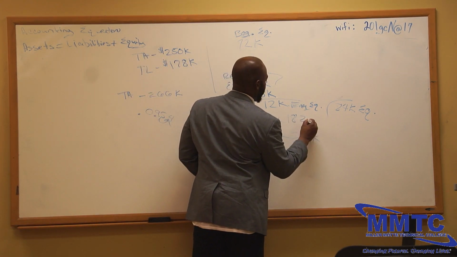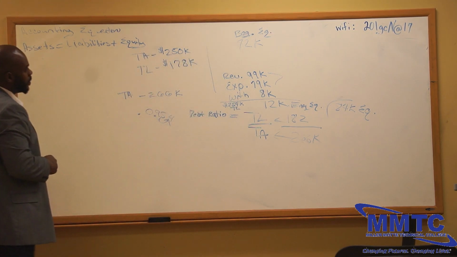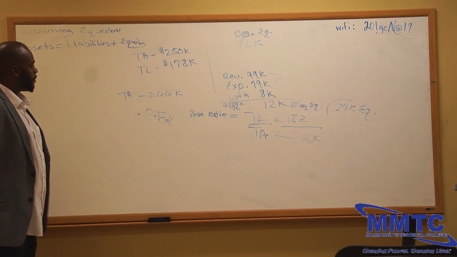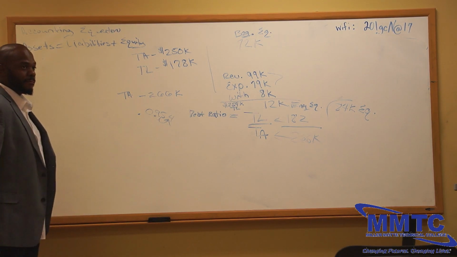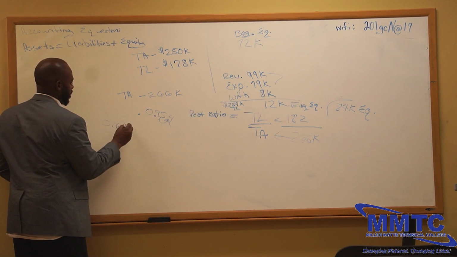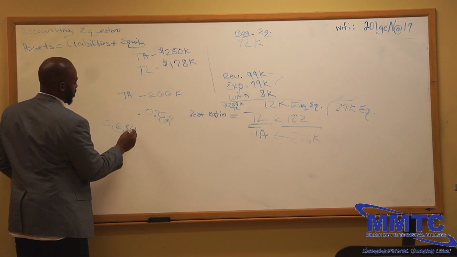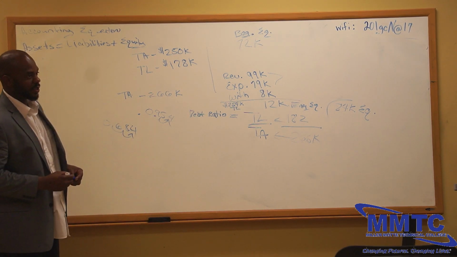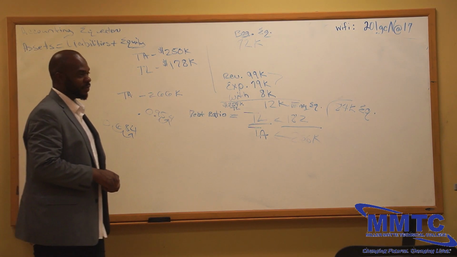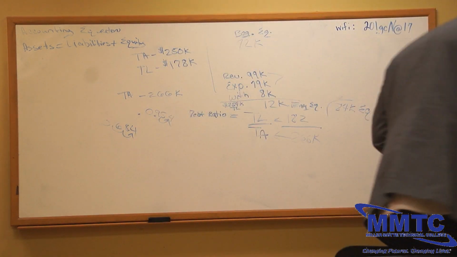So now do 182 divided by 266. 0.684. Still seems too big. See that, Mr. Coates? 68.4%. No. Switch it around. What if we switch it around?